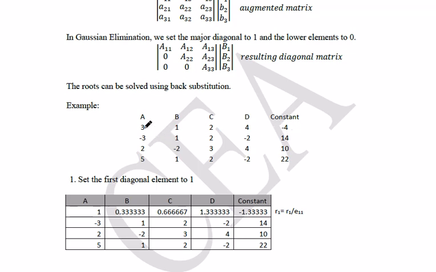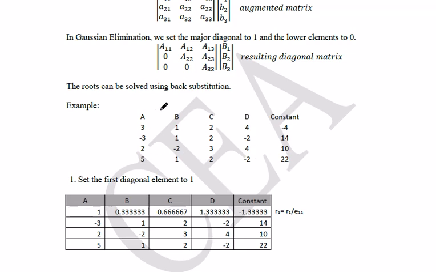Then -3a plus b plus 2c minus d equals 14. We have 2a minus 2b plus 3c plus d equals 10. And 5a plus b plus 2c minus d equals 22.